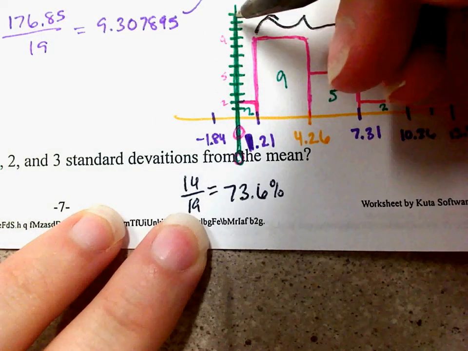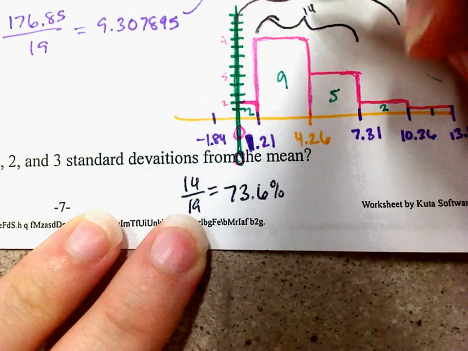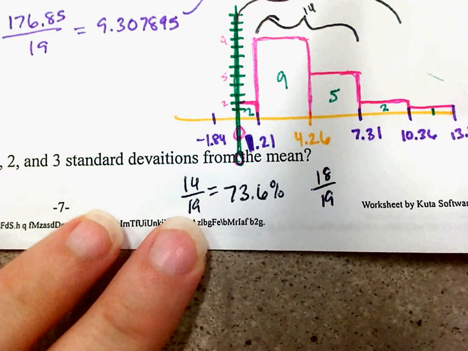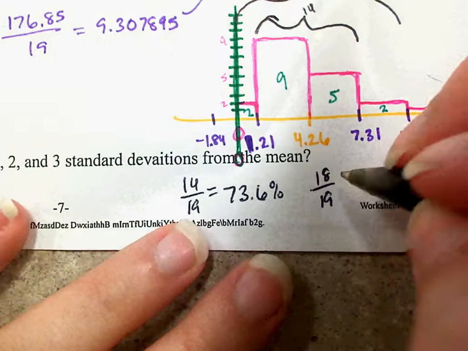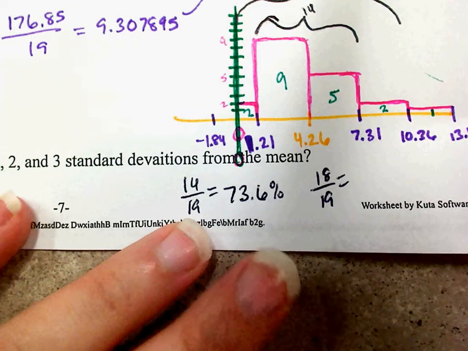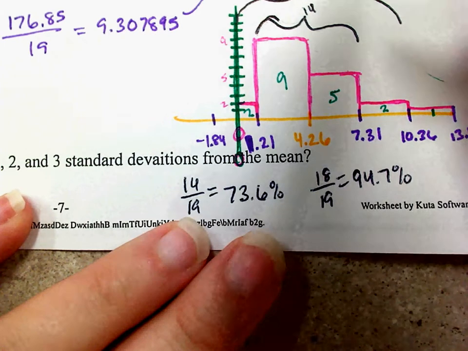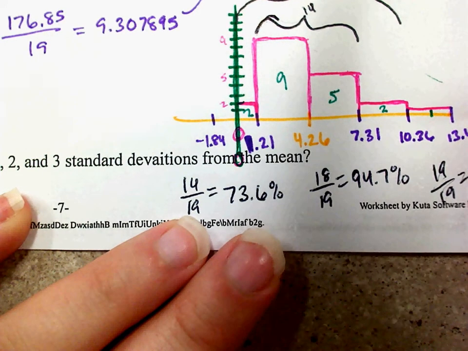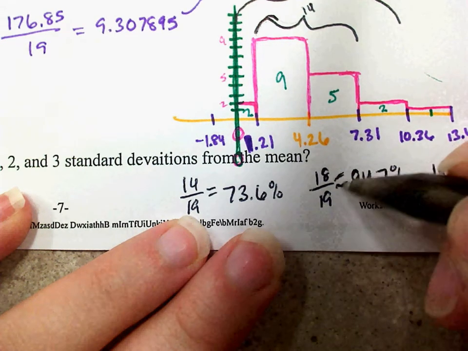Yep. Yeah, I can't count on my picture. Hey guys, I'm wrong on my picture, okay? 18 out of 19, what's 18 out of 19? Okay. And then 3 standard deviations is 100%. Yeah, I apologize. I don't know what I was doing. Yeah, I did it after 6 hours of working on this.